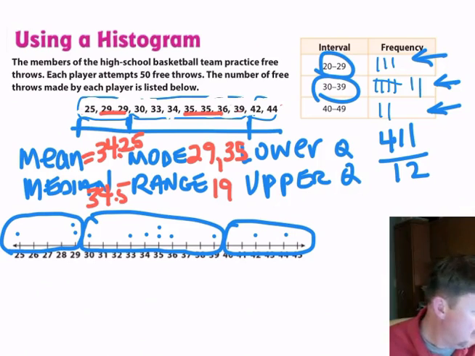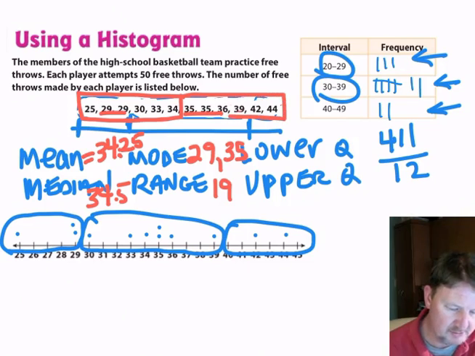All right, my lower quartile will be the median of these values here, and then my upper quartile will be the median of those values. So I find the middle number, which in this case is 29 and 30. So my lower quartile is 29.5.